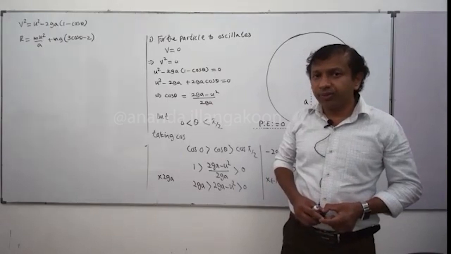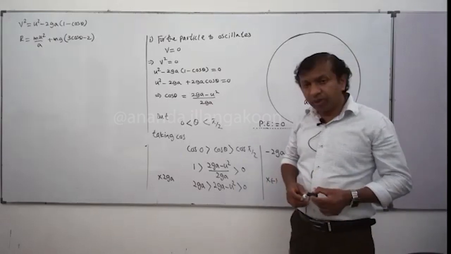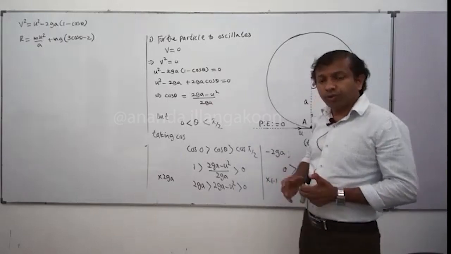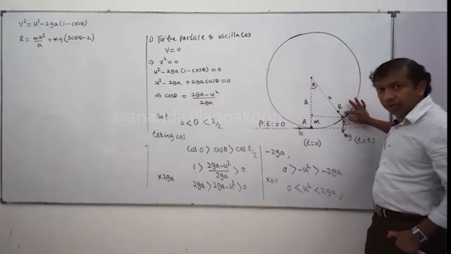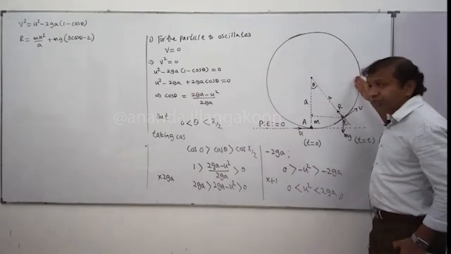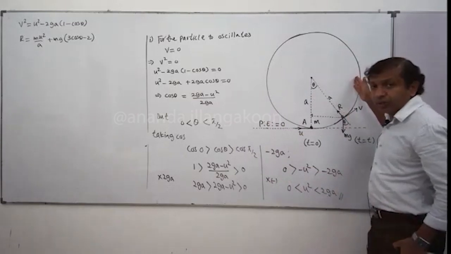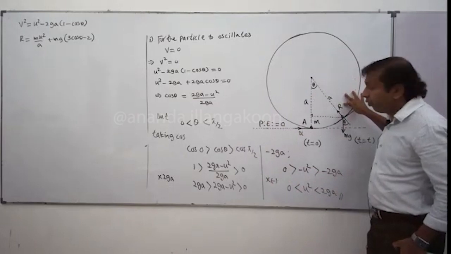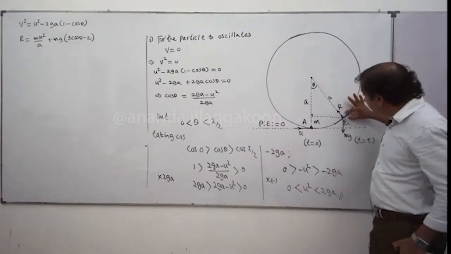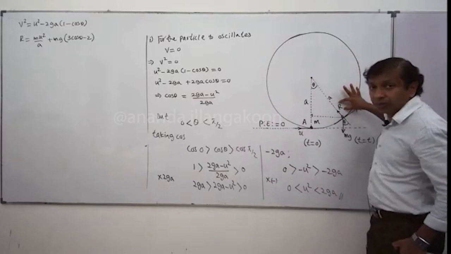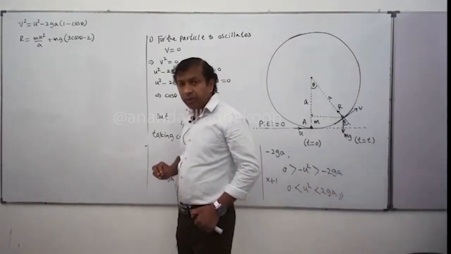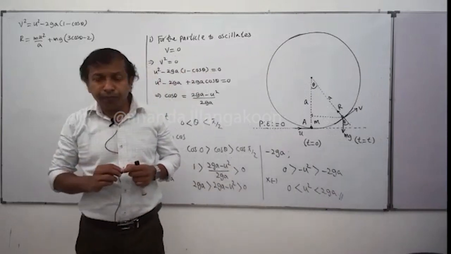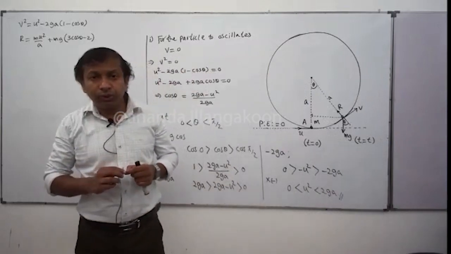In this case, when the particle leaves the surface, the contact between the surface of the sphere and the particle is lost. When the contact is lost between these two, this R becomes 0, people. R becomes 0 at the very first moment the contact is lost.